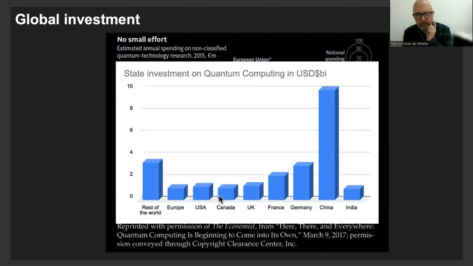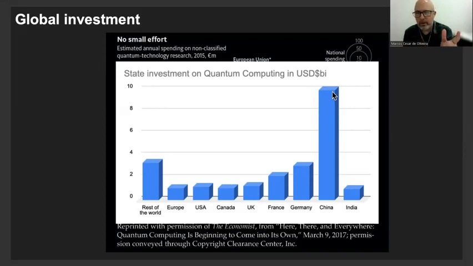We see some things which are quite interesting. For example, China is expected to have put something between 10 billion and 15 billion euros into this kind of technology.